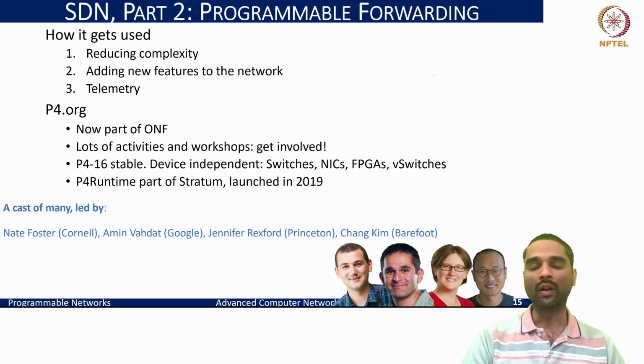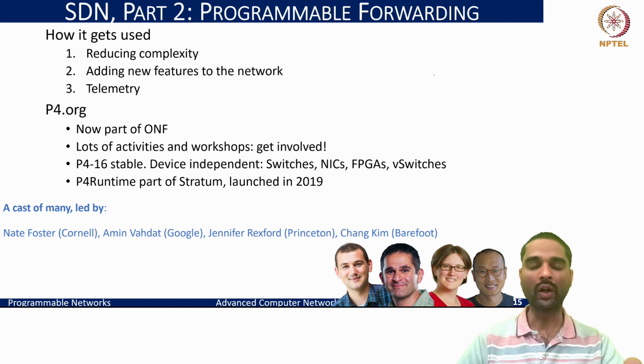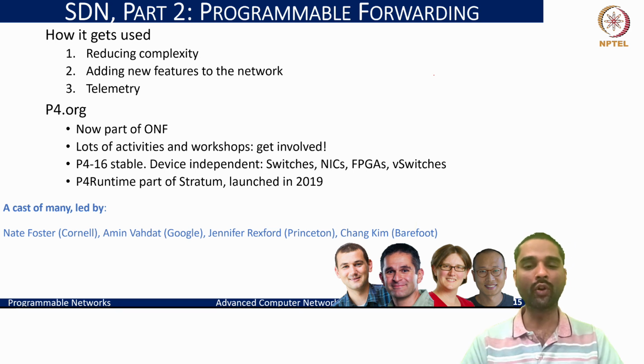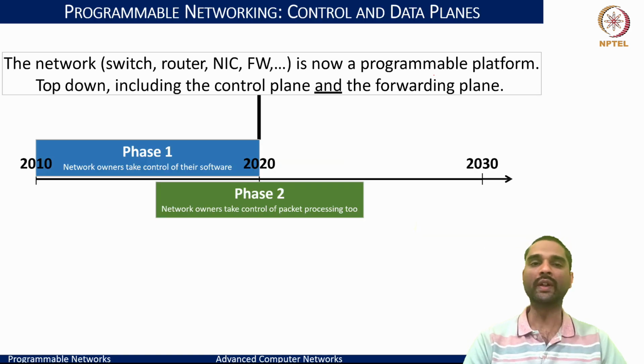And our essence would be to get to what each of this means, what were the foundations, and how we have arrived at this stage, and what is the way forward in a lot more detail.